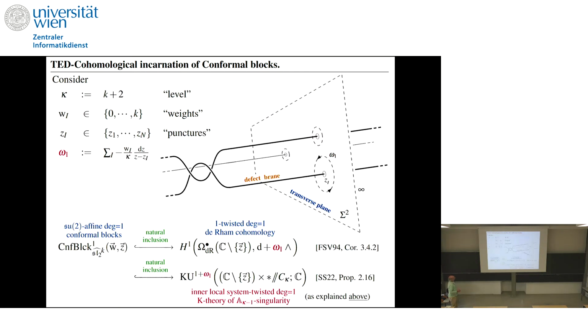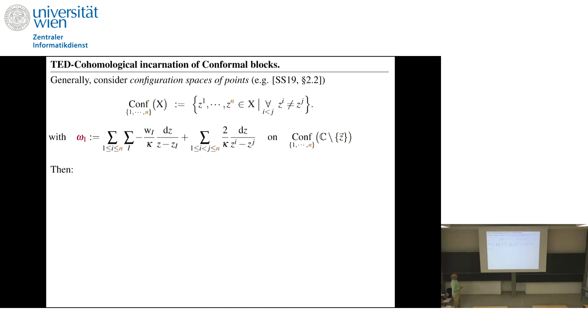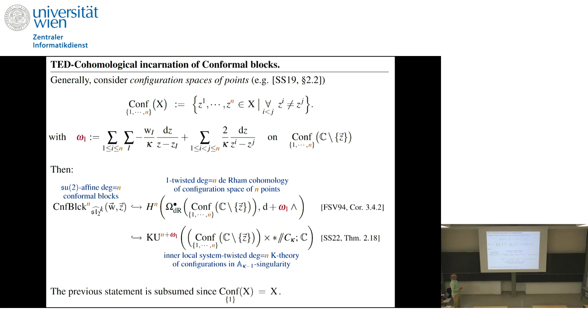Right, and the theorem goes further. So this was for degree 1 blocks. If you want blocks of higher degree, which in CFT language means that you have more field insertions running around, with lowering operators that reduce the weight of these punctures, then we get all conformal blocks.